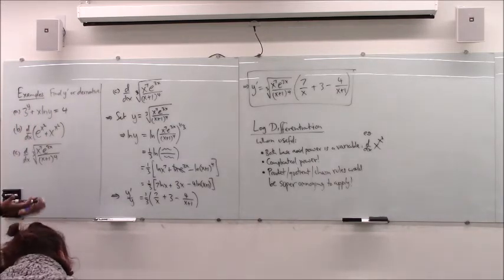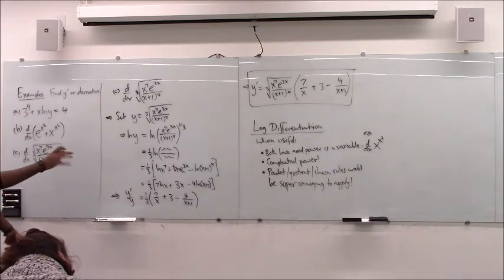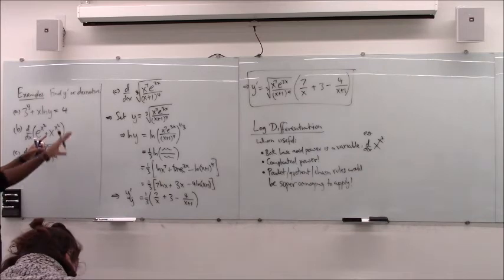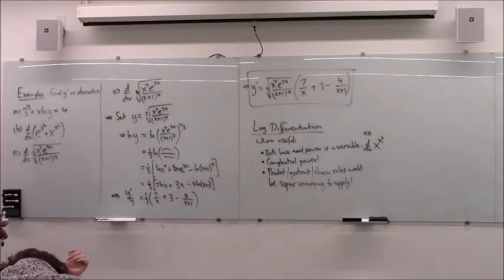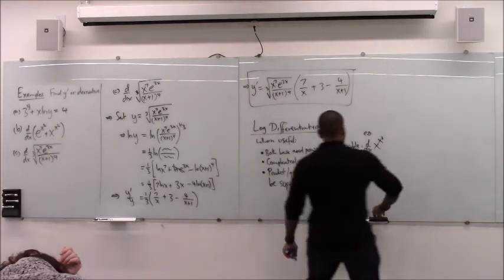And of course, you have to be able to isolate it. You have to say y equals this thing that's complicated. Sometimes you might have to find it separately: you break a problem into two pieces, do a log differentiation on one piece, and something else on the other piece. That's possible, but log differentiation is very useful in these situations. So it's something you might want to consider.